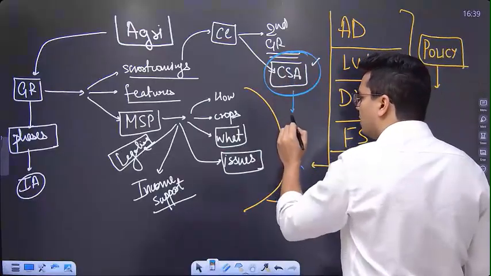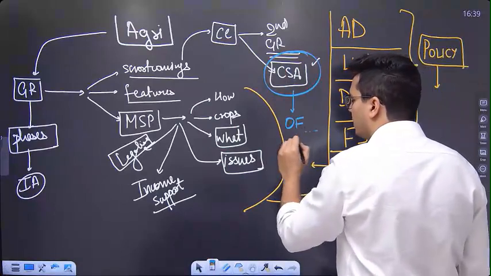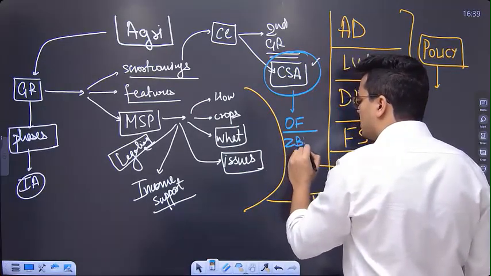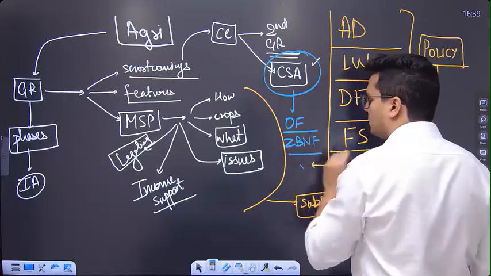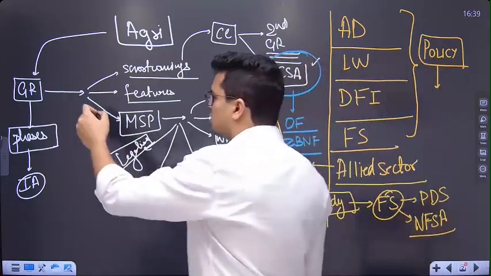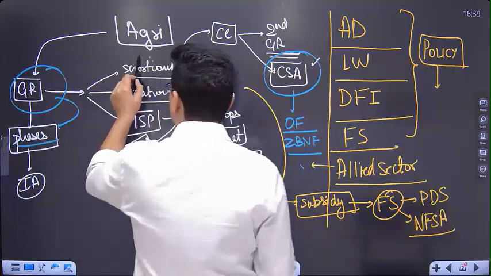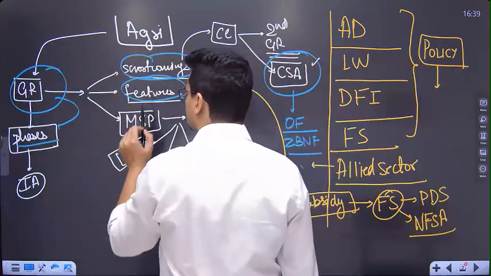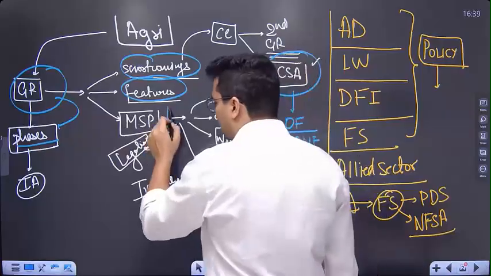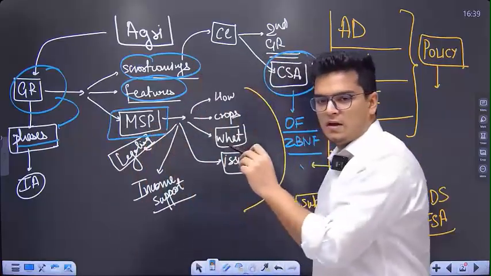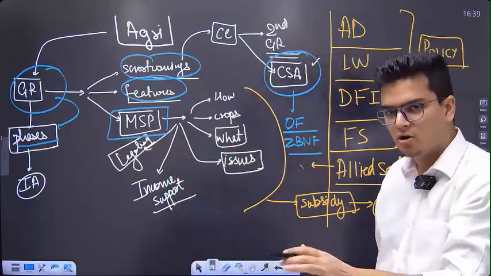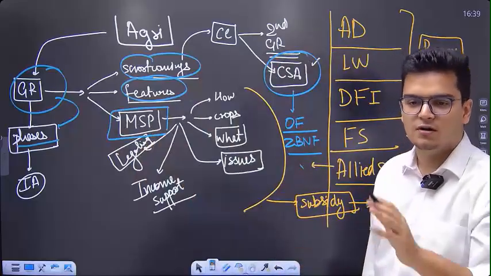And from here, we have also read the issue of organic farming and zero budget natural farming. We have also understood green revolution in its phases, its shortcomings, its features. Now we are going to read this topic. MSP is a major topic, very, very important for this year.